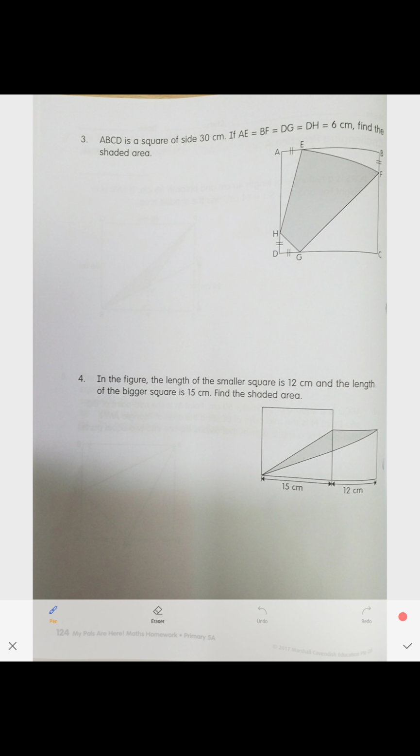Okay, problem 3. ABCD is a square of side 30 centimeters. If AE is equal to BF equal to DG equal to DH is 6, find the shaded area. Alright, ABCD is a square, one side is 30 centimeters.